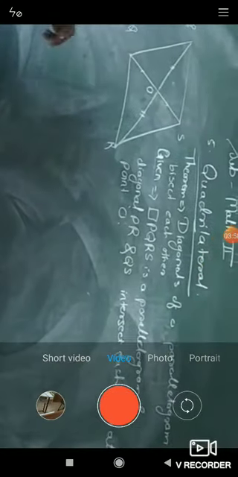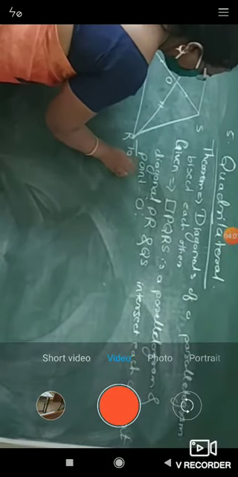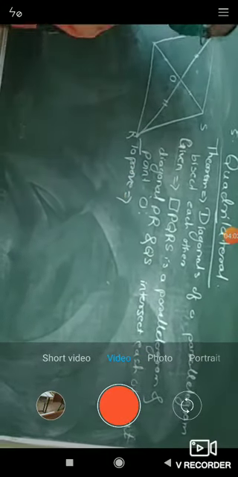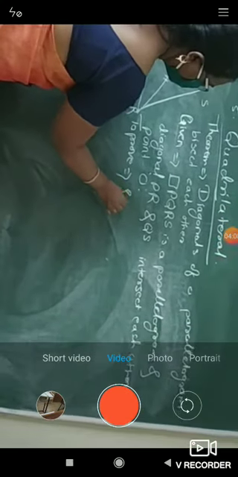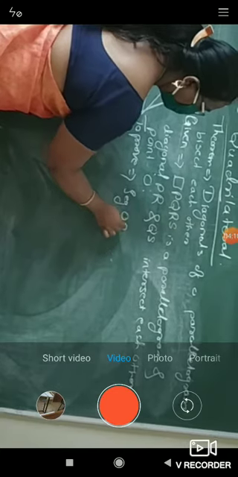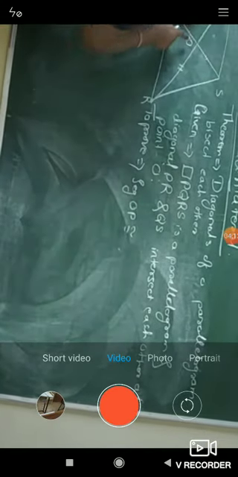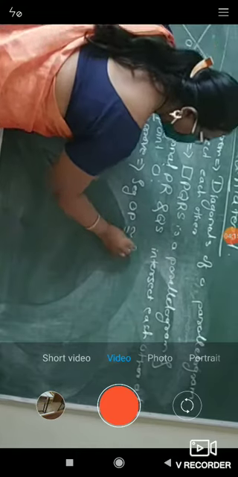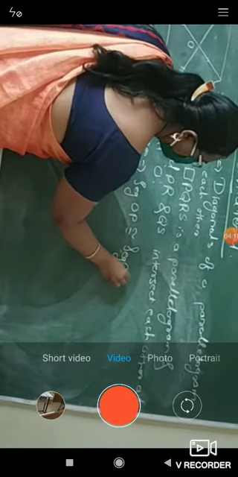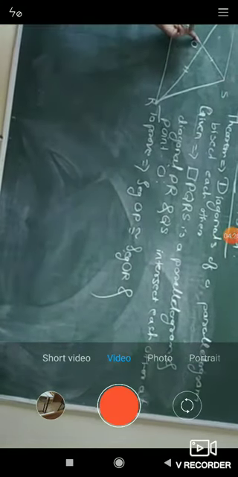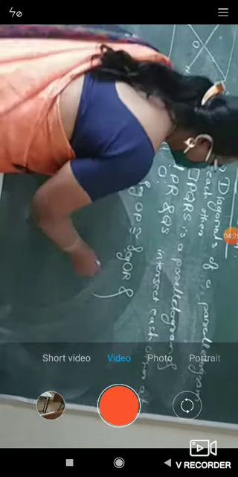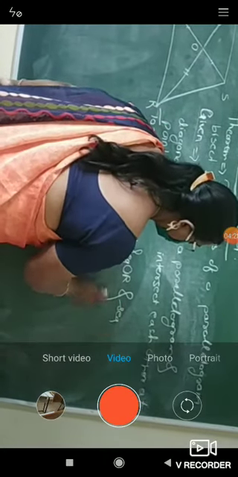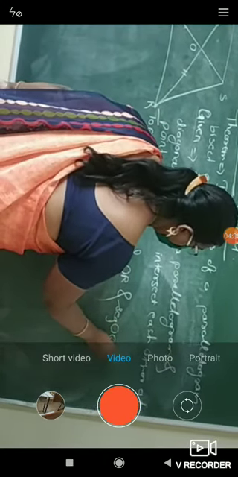Okay, and what we have to prove? Tell me. OP is congruent to OR, and OQ is congruent to OS.